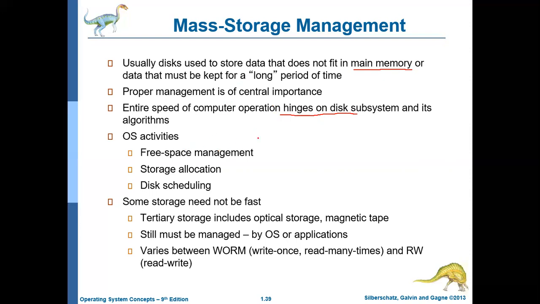As a part of mass storage management, the operating system performs these tasks: free space management. That is, the disks and tapes may have free spaces, so how to utilize this free space? Just for understanding purposes, say this is your disk, and here some data is available, and here some data is available.